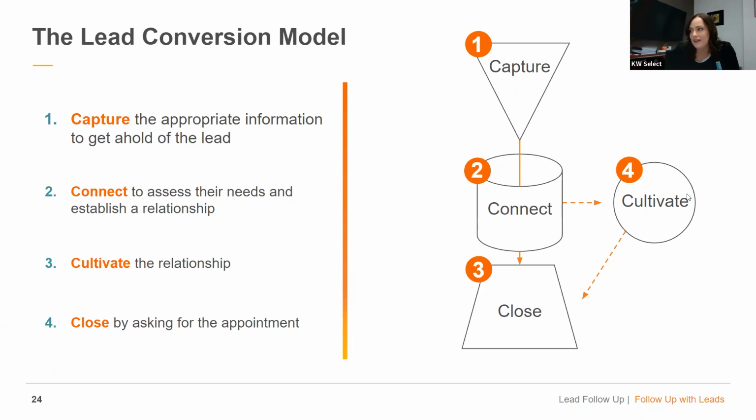Then you need to cultivate that relationship and close by asking for the appointment. Okay. Closing, you're in control of this. You may get calls that people want to meet with you, and that's great. But a lot of times you're asking for that appointment. So just make sure that in those conversations, you're asking for that. Okay.